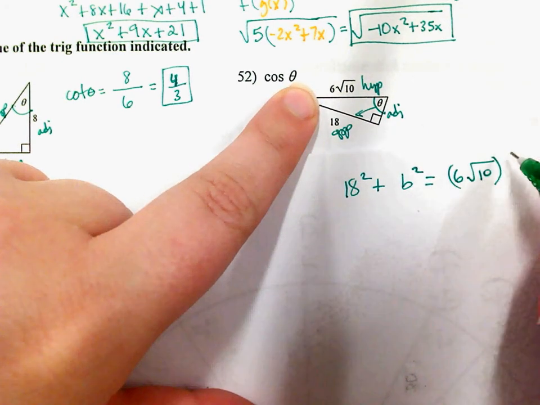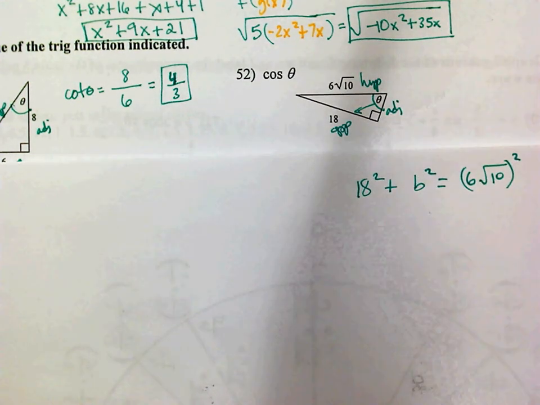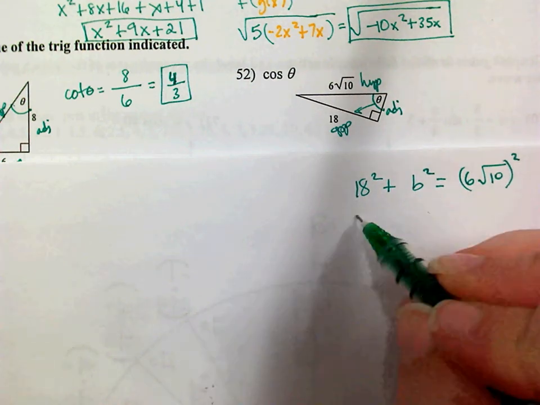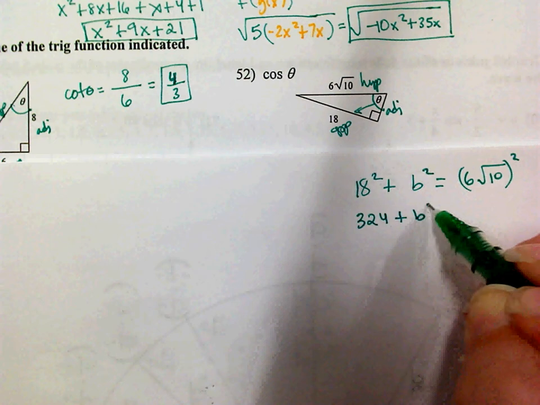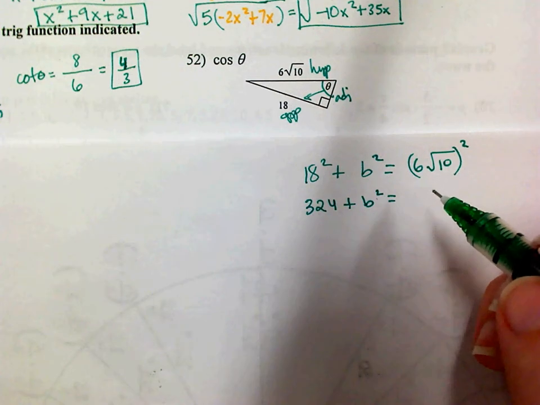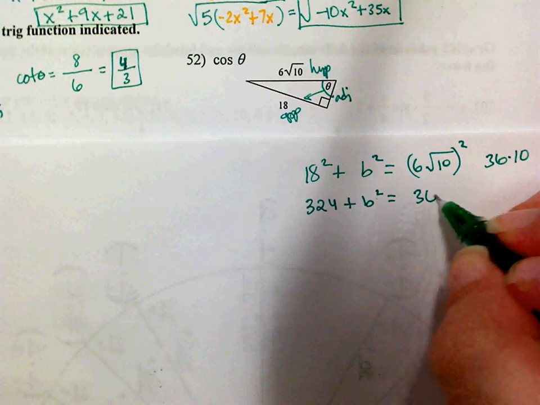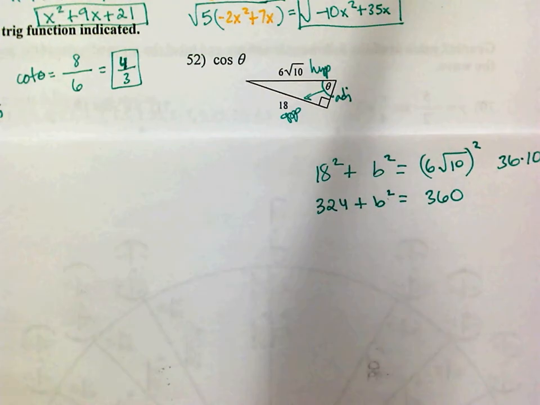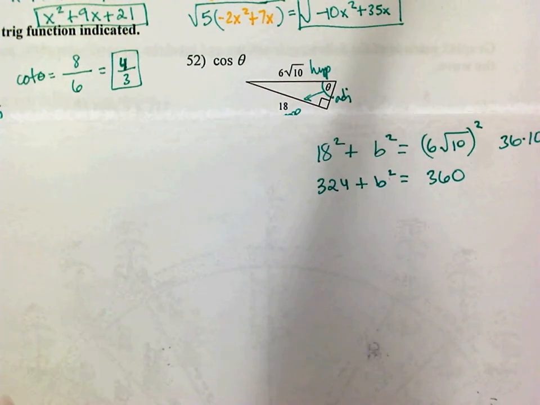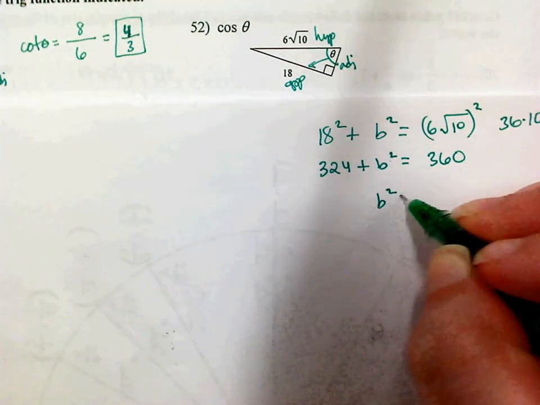What is 18 squared? 324. So 324 plus b squared equals, what's 6 squared? 36. What's the square root of 10 squared? 10. So that's actually 36 times 10, which is 360. How do I solve for b squared? Subtract 324. What's 360 minus 324? 36, so what's b equal? 6, so that side is 6.